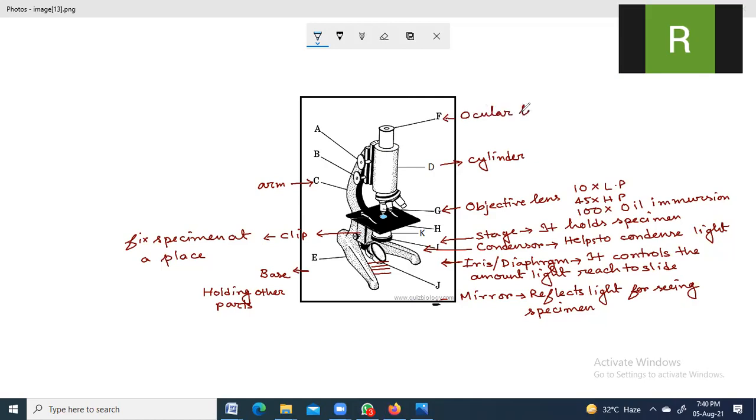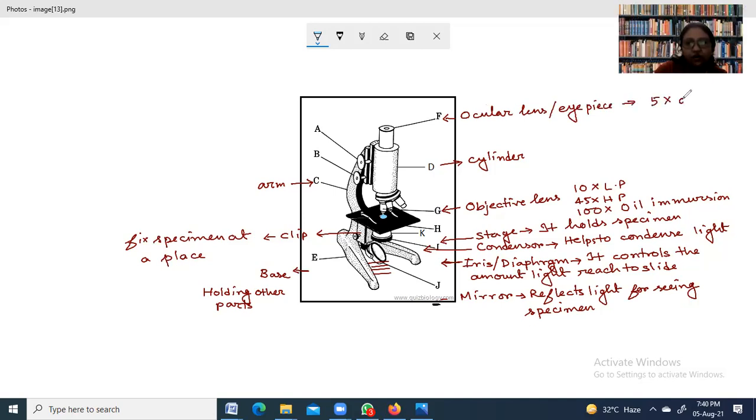Ma'am, can we also call it the eyepiece lens? Yes. It is generally 5x and 10x. Very rarely it can be 15x also. So if I am looking at something under low power, what will the magnification be? Low power is 10x, multiplied by the 10x eyepiece, so it will be 100x, meaning 100 times magnification.